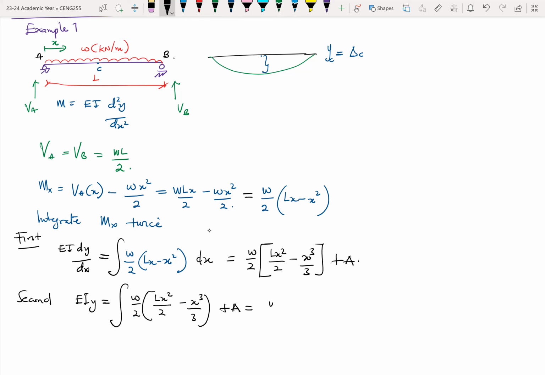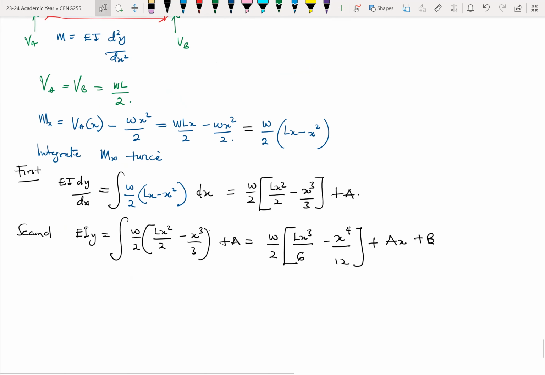So this will give us, again, W over 2 times LX cubed over 6 minus X to the power 4 over 12. And if you integrate a constant, it becomes that constant times X plus a new constant B. So this is the general equation for the deflection for this particular beam.